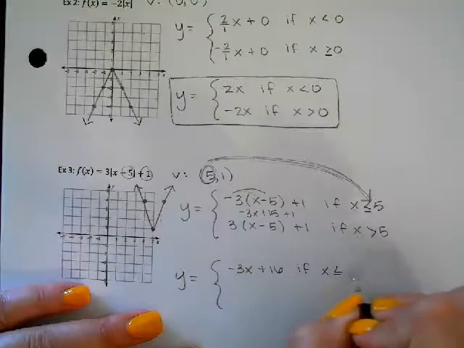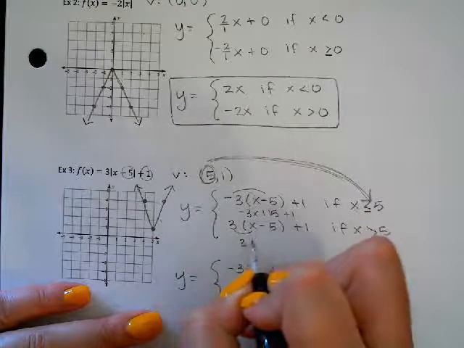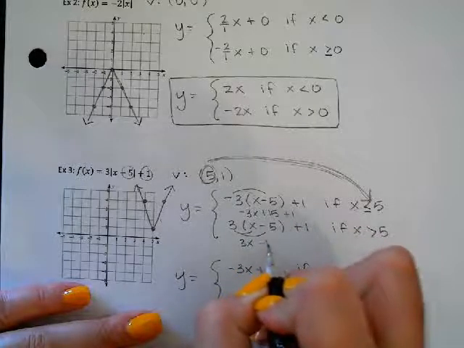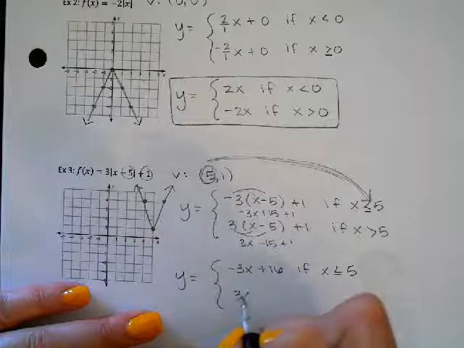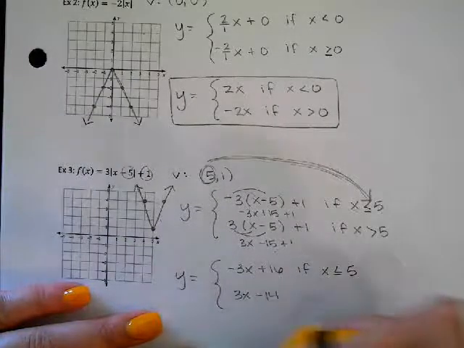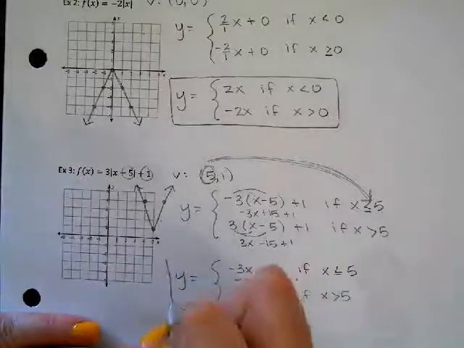Okay, and then I've got 3x minus 15 plus 1. So that's 3x minus 14 if x is greater than 5. And there is the cleaned up version of my answer.